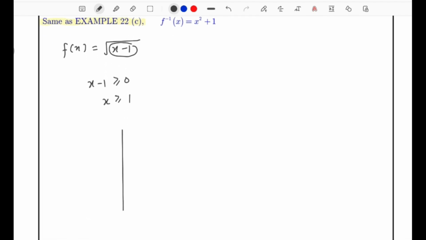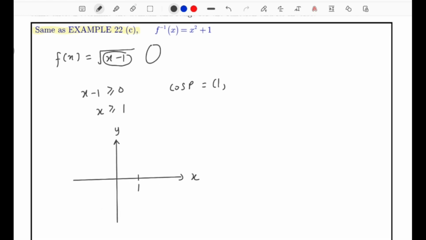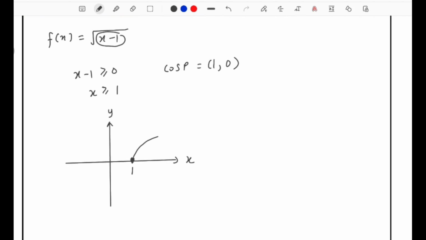And then I'm going to draw the y-axis and the x-axis. x equal to 1 is somewhere here. The coordinate of the starting point is (1, 0), since we don't have anything beside the square root. So (1, 0) here, and then it's going to be like this.